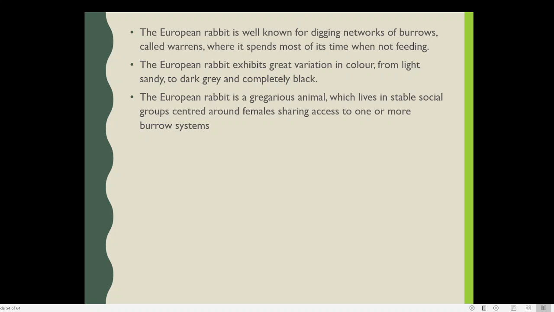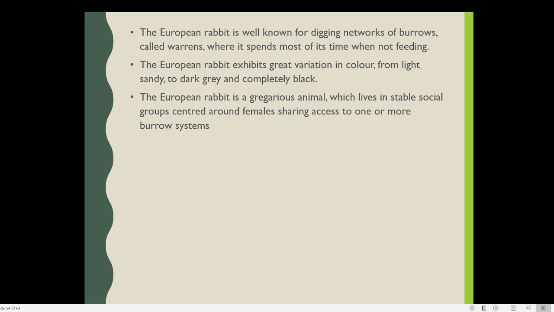It is a burrow-making animal where it spends most of the time, not feeding. I will show you some pictures of this Oryctolagus. Here you may be able to see some burrows of this animal.